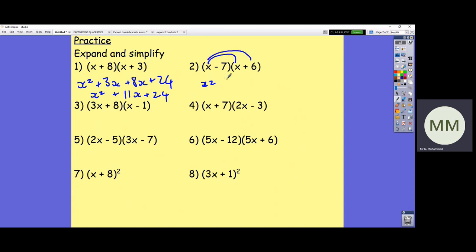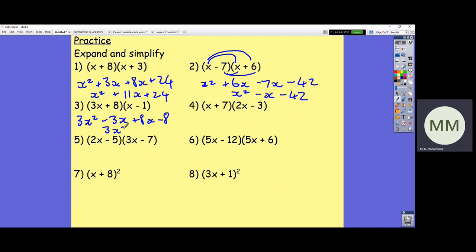I just said I'm not going to do this, but I'm doing it now. Plus 6x minus 7x and minus 42. Collect the middle terms and I get x squared minus x minus 42. This one here, I get 3x squared minus 3x plus 8x minus 8.